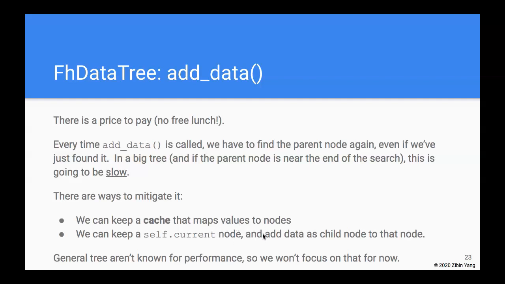Now, however, in our implementation, we are not going to be implementing any of these mitigating strategies, just because, well, general trees aren't really known for performance to begin with. And I really just want to focus on the functionality and concepts for now. But just know that, yes, there is a problem.